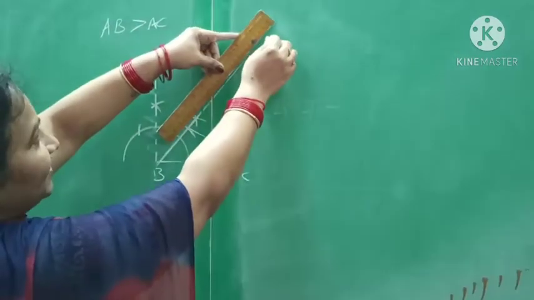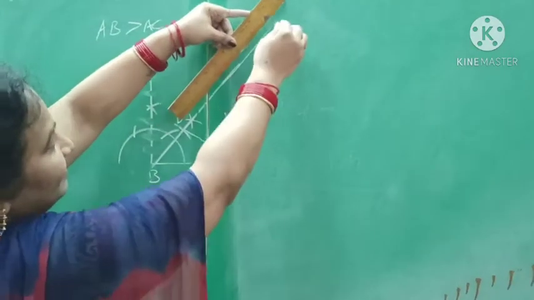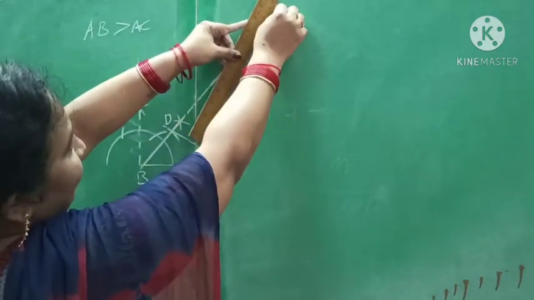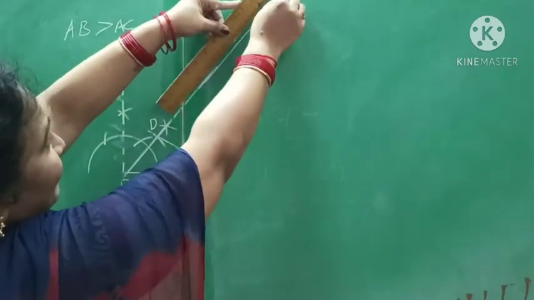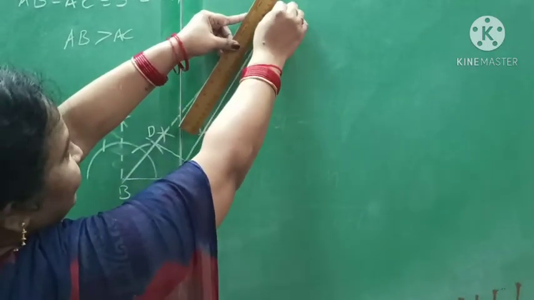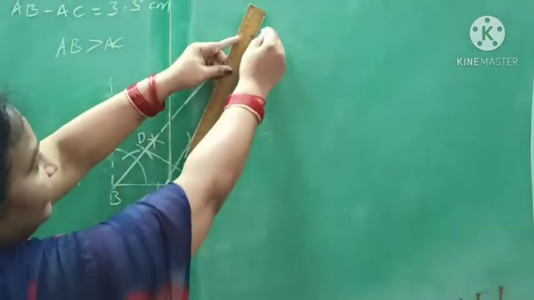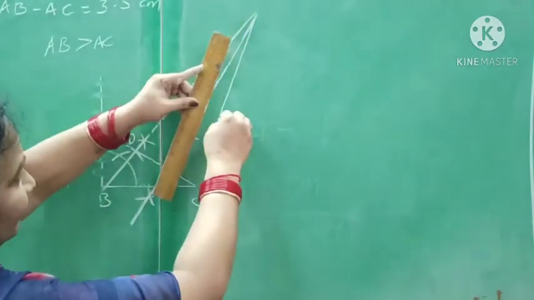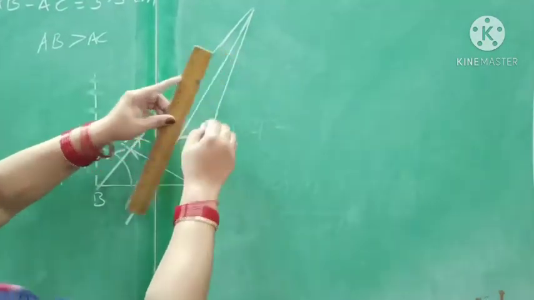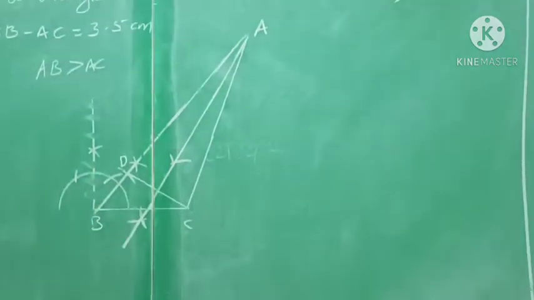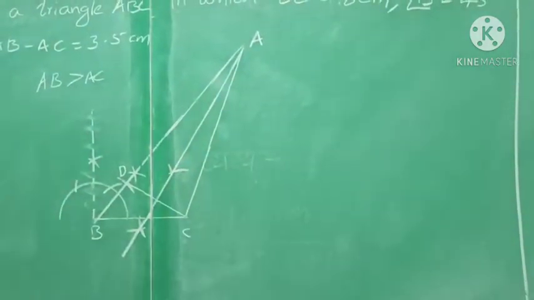And where these two lines meet, join these two. Correct. This is A. So ABC is our required triangle.